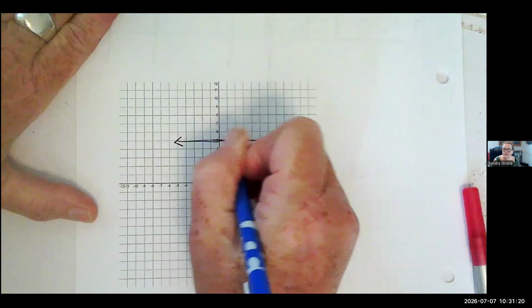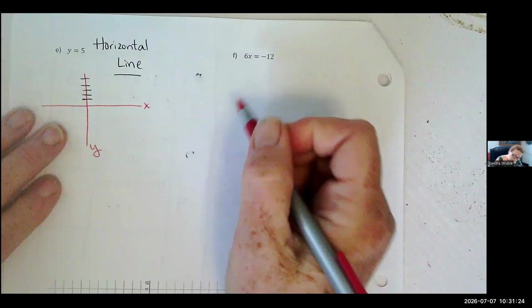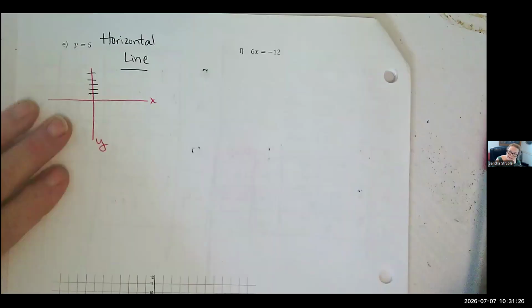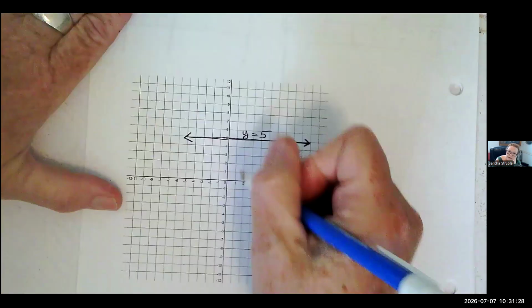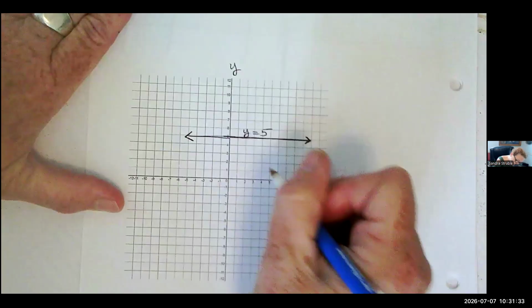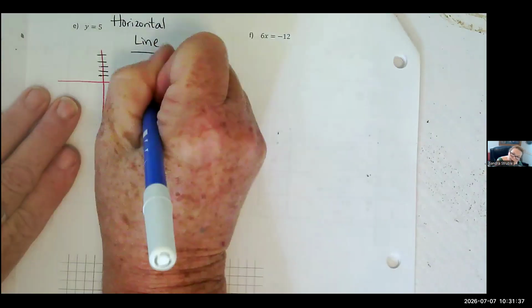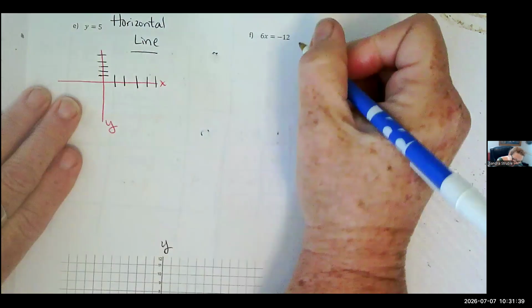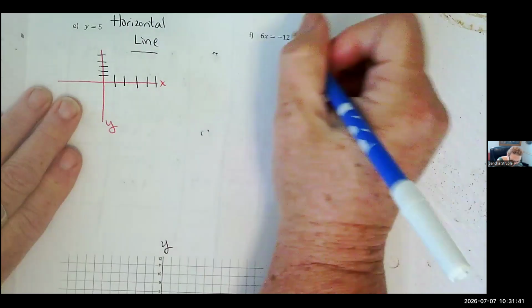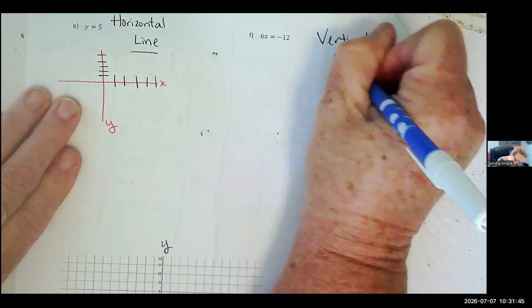Done. The next one is for x. You'll notice that x is vertical lines. We need to solve for x, but then x is a vertical line. So 6x equals negative 12.